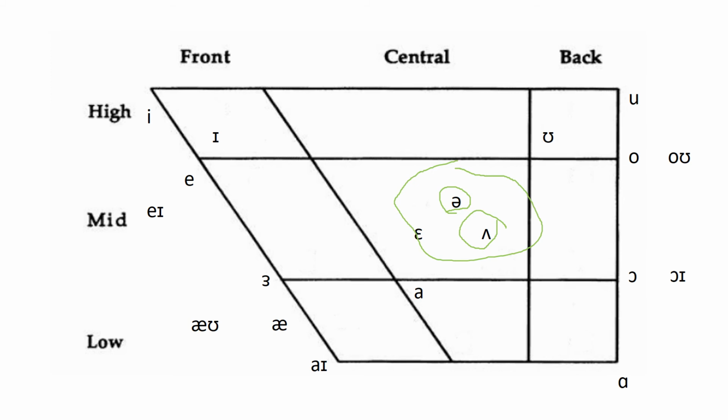Okay, and the last one is this one. It is always associated with the R sound. And this is the most neutral sound combined with the R. For example, girl, world, learn, her.